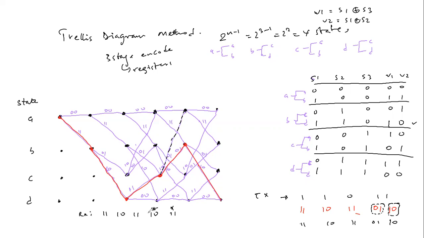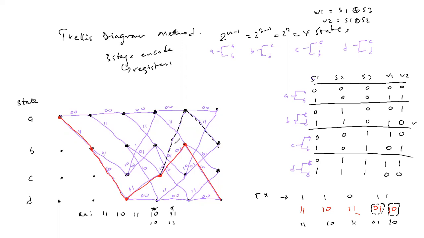Such that it now emits a 1 that's going back to A from C to A. Yeah, that's 1 0. Then it comes here. That's a 1 1.